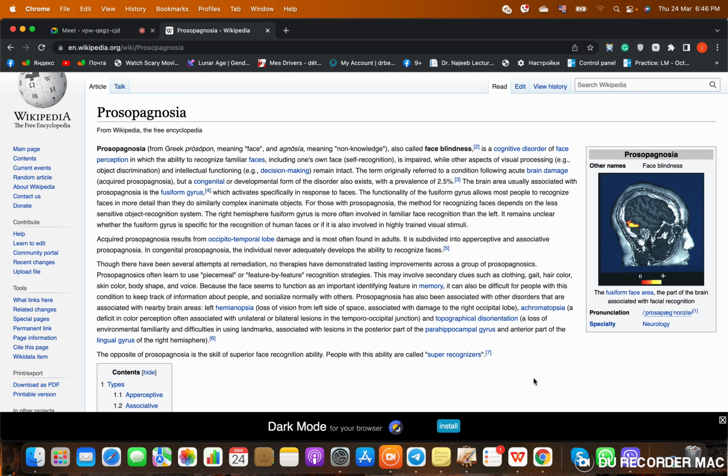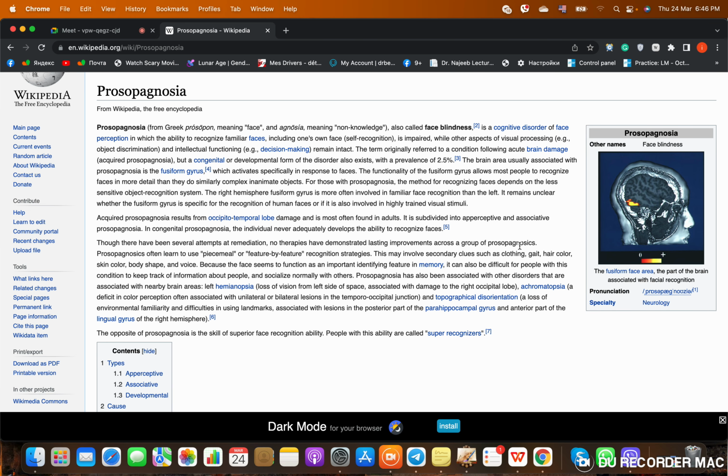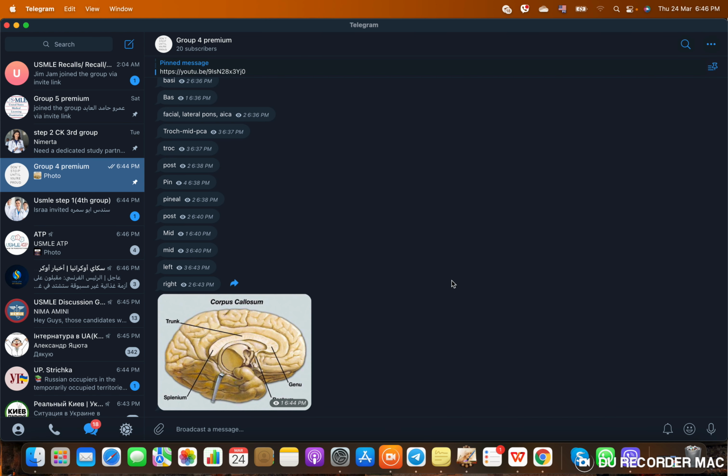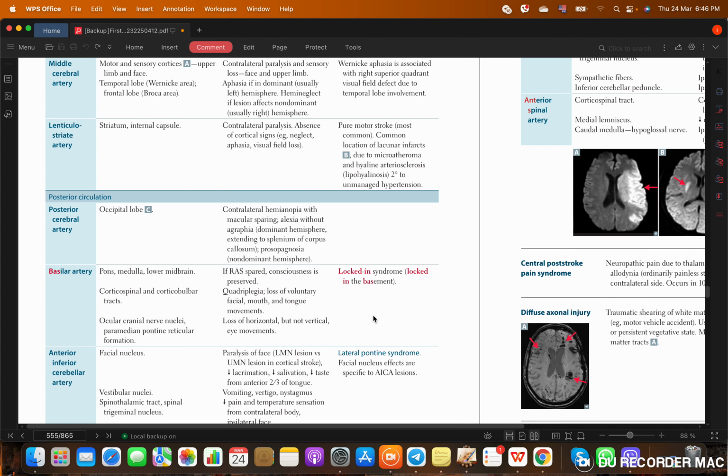Yes, he cannot recognize his own face. He cannot recognize the face of his mother, father, siblings, anybody. Love does not matter. He cannot recognize the face of his wife. Basically, in this case, the patient will be unable to recognize people's faces in general.